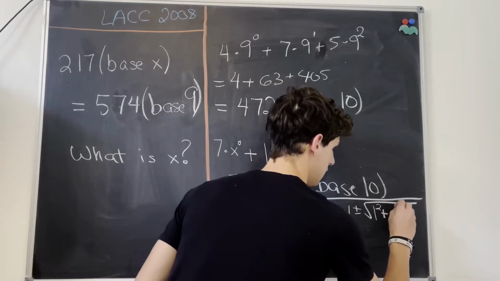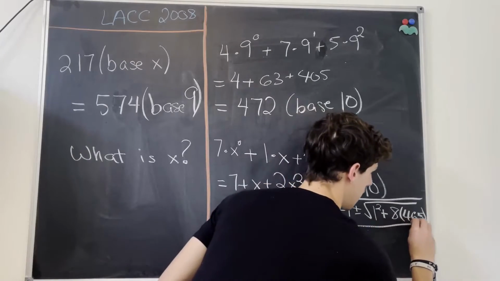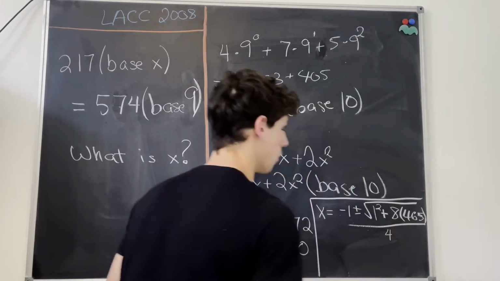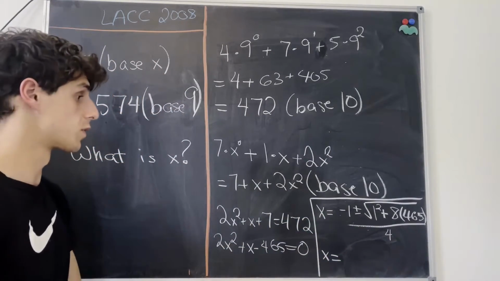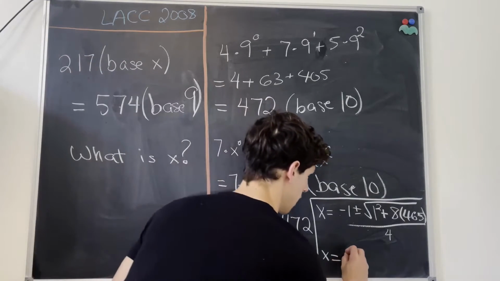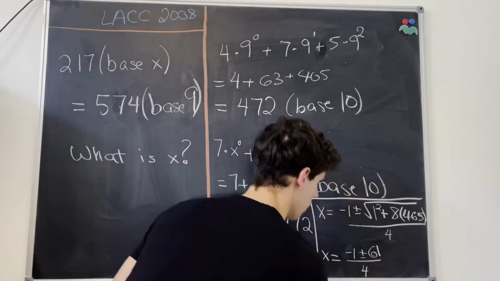So we'll go ahead and multiply 8 and then 465, and then divide by 2a, but a here is 2, so this is all divided by 4. But now adding 1, that's 1 squared, to 8 times 465 gives us exactly the perfect square 61 squared. So we have -1 plus or minus 61 over 4.